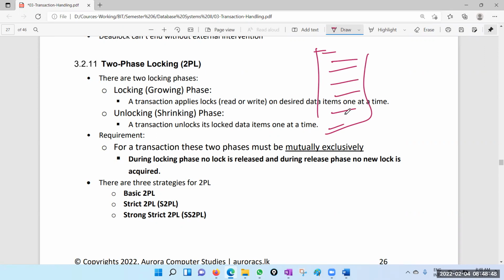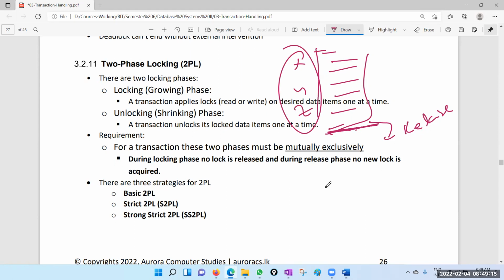You do all 5 activities and then you release the locks. Maybe you have acquired locks on resources X, Y, Z. You are acquiring, but you are not releasing. You release only at the end, either at commit or rollback. After commit or rollback, you release all your locks together. Okay, so that is one approach.